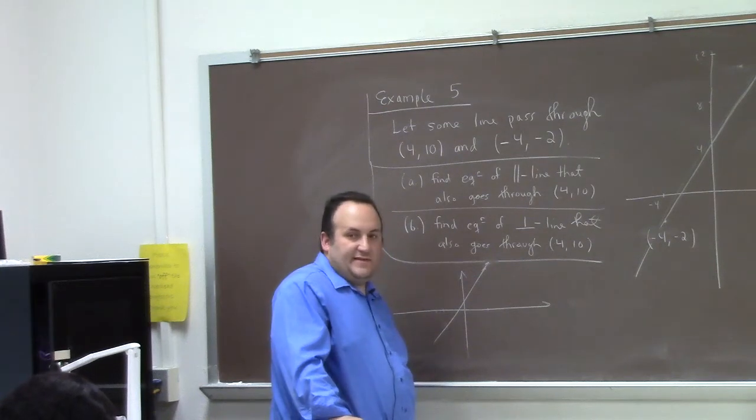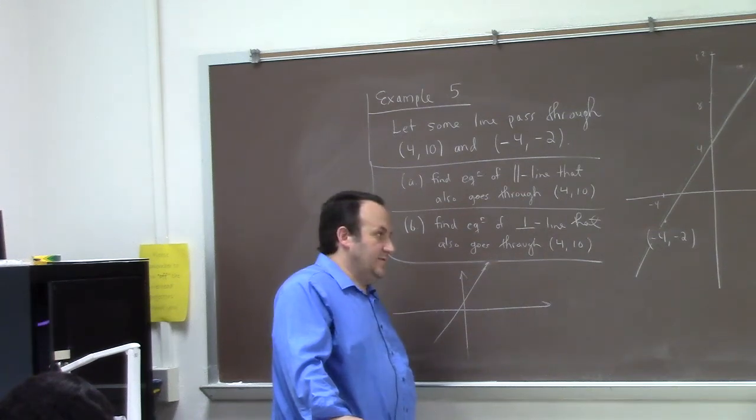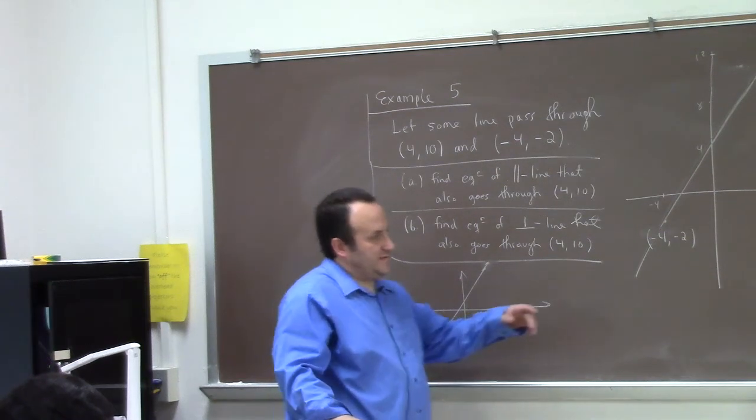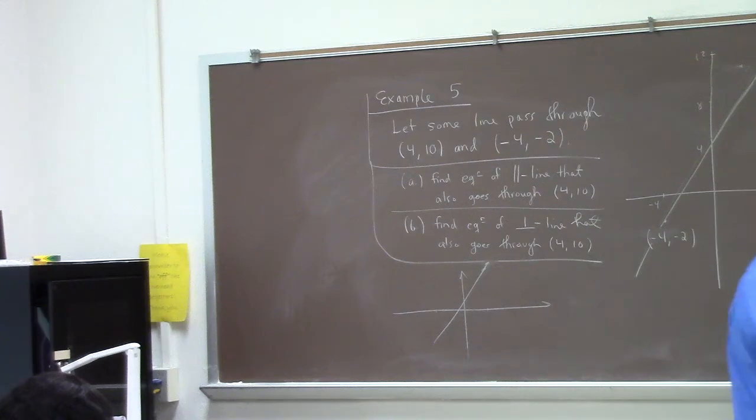To make this more exciting, I should give you a point that's not on the line. We did that before. All it would do is change, just hypothetically, if I changed the point in the problem statement from (4, 10) to, say, (6, 7), then instead of this, I would have written y equals 7 plus 3/2 times (x minus 6).